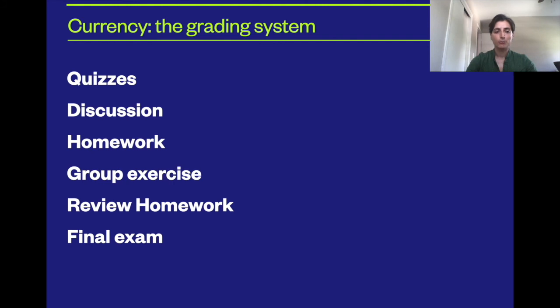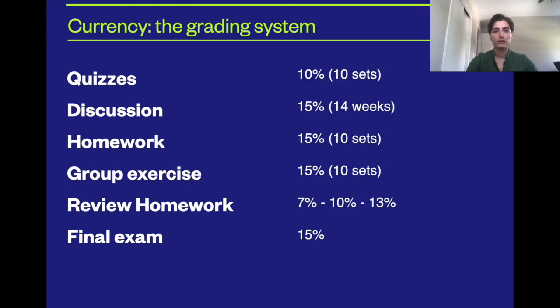So once I have shown you all the elements, how do they combine together? The grading system: there will be 10 sets of quizzes for all normal weeks. That would come up to 10% of the final grade. There will be 14 weeks of discussion, and your contribution will count for 15% of the final grade.